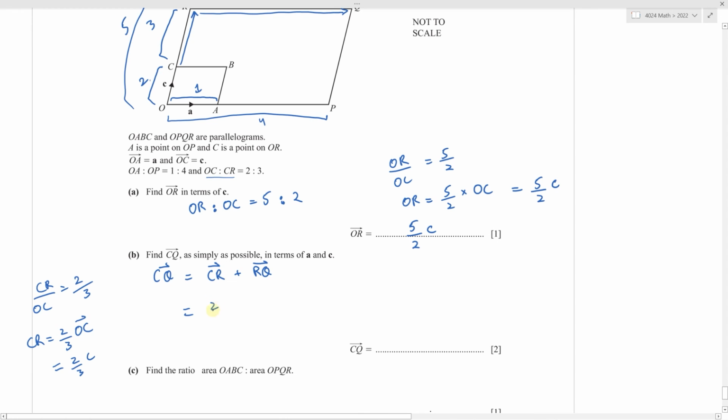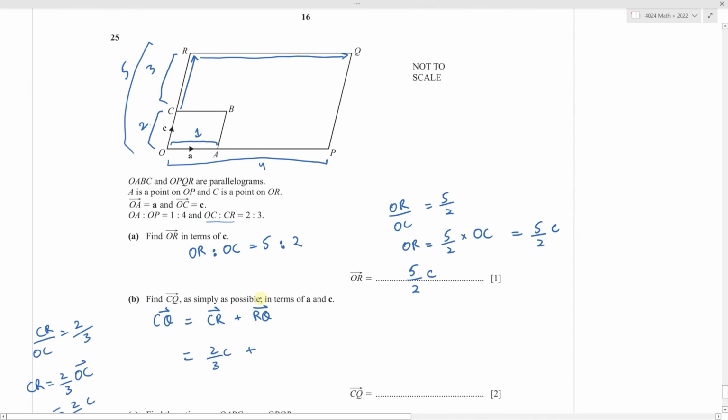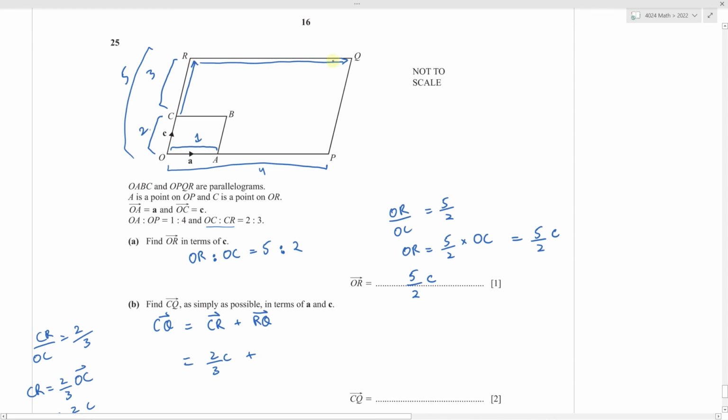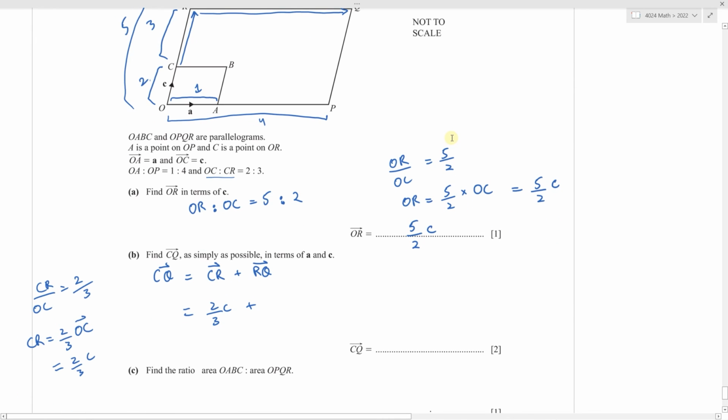So I can write CR here, 2 by 3 C, plus what is RQ? Since this is a parallelogram, RQ will be the same as OP. And OP is what? 4 times OA, 1:4. So if this is A, this full vector will be 4A. If you want to calculate it, OP over OA is 4 over 1, which is basically 4.